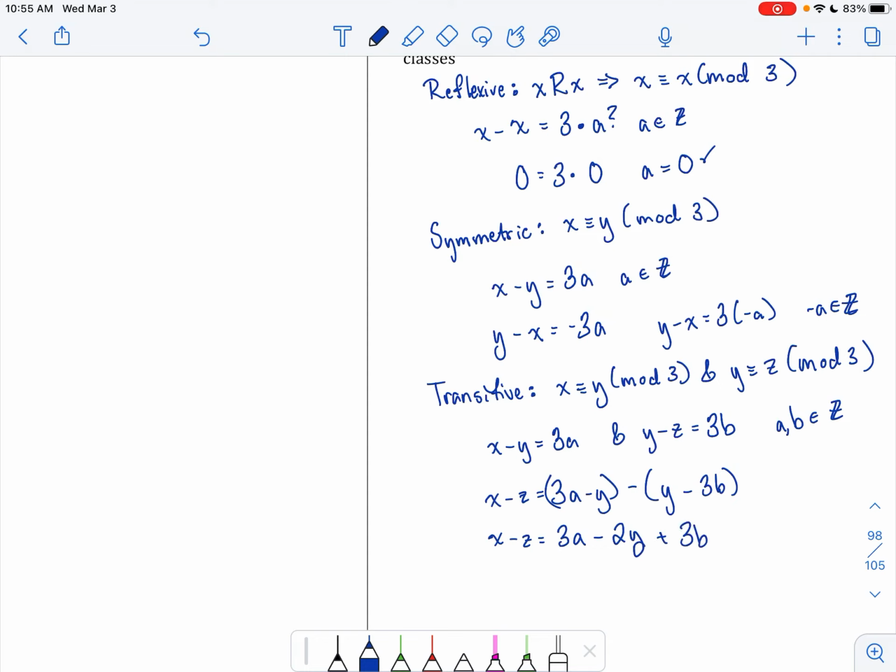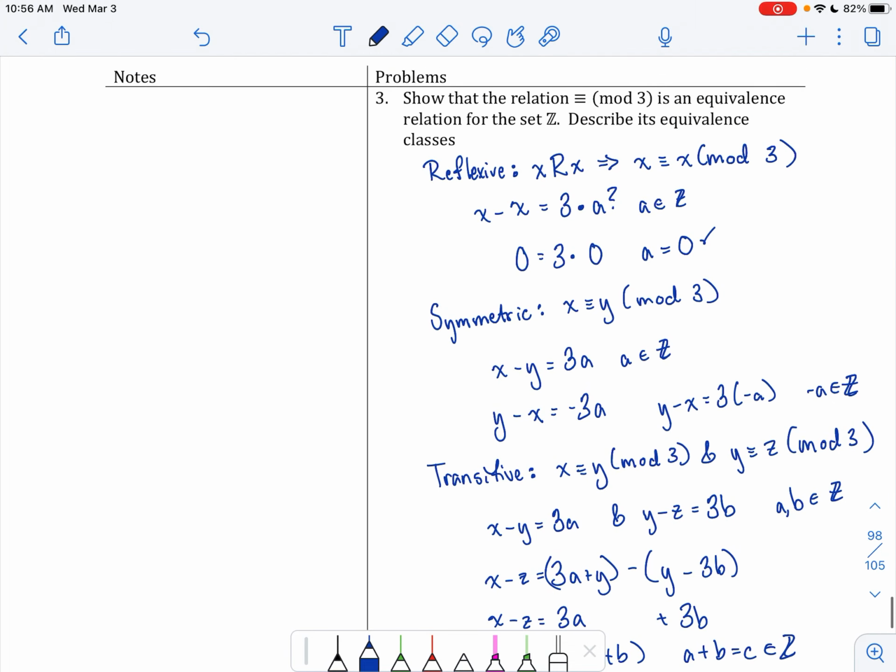Sorry, I'm just doing a little algebra quickly in my head. There we go. I knew I dropped a negative. So then we end up with 3a plus 3b. My apologies for that slow bit of mathematics. Always check for those negatives. So then a plus b. By closure, a plus b is an integer, so it is also transitive.